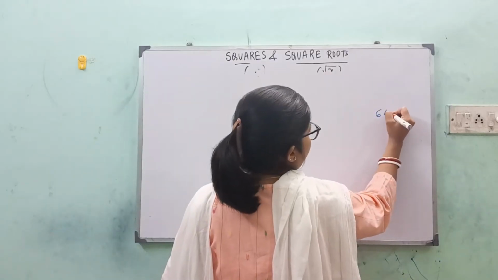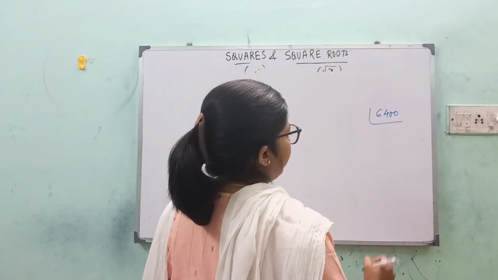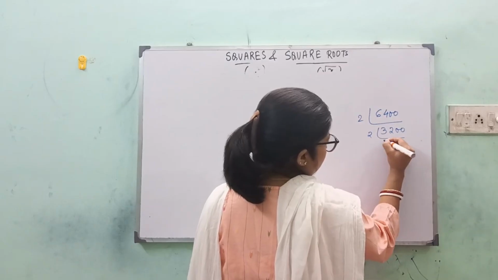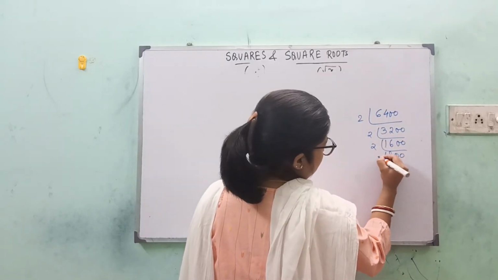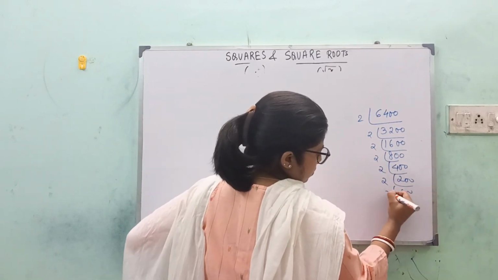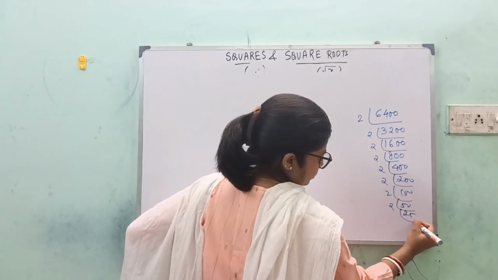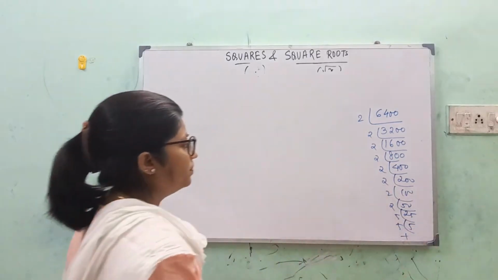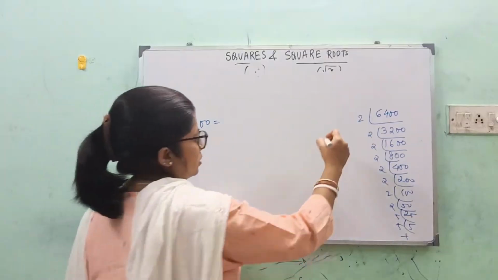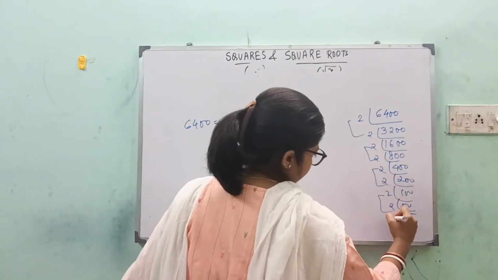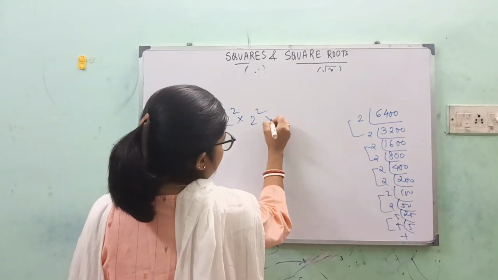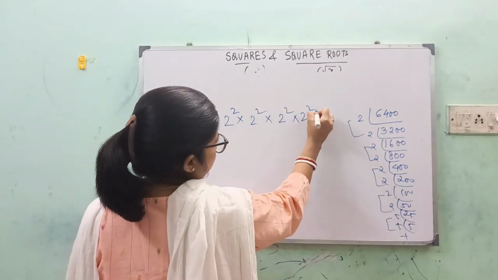Let's take 6400. We'll first find the prime factorization. So 6400 could be expressed as 2 square into 2 square into 2 square into 2 square into 5 square.